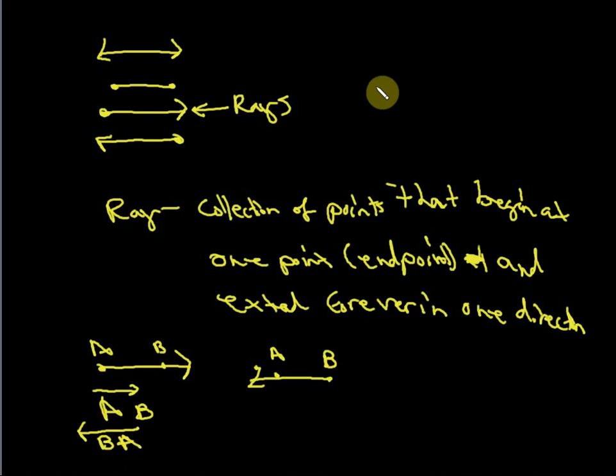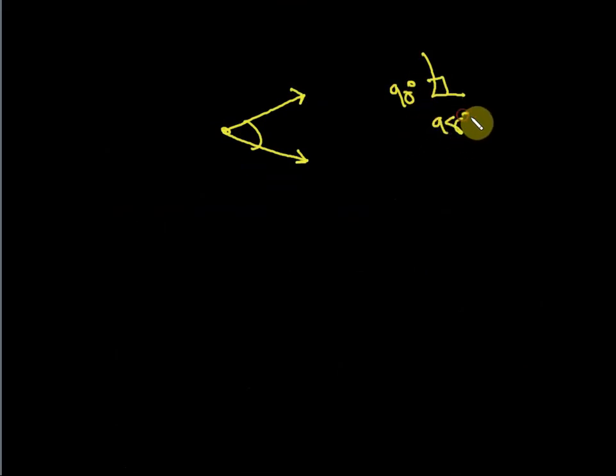Now if I connect two rays, let me clear this out, if I connect two rays, I get an angle. You've probably heard of the right angle. This is 90 degrees, not 98 degrees. You probably won't be old enough to get this humor.